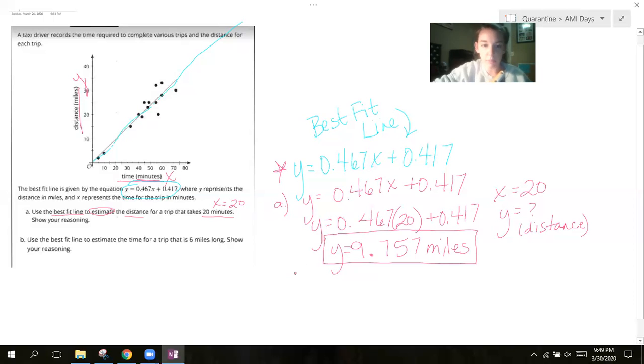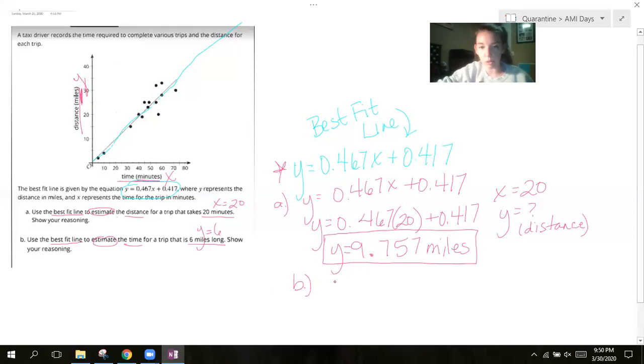All right, now let's look at B. It says, again, use that best fit line to estimate the time for a trip that is 6 miles long. Okay, so this time they told us it was 6 miles. So if we're talking about miles, we're talking about the distance or the y value. Okay, so this one's going to be a little bit different, but ultimately the same.